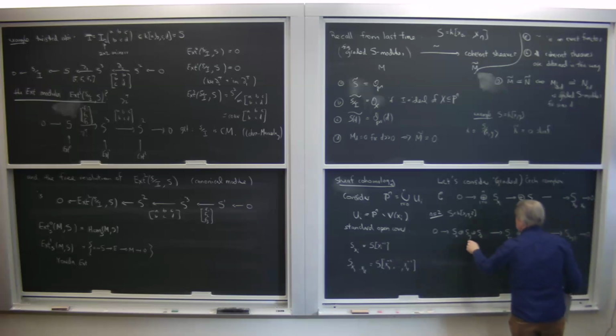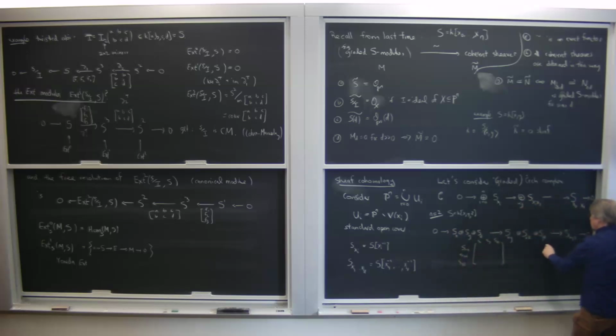Now, what are these maps? I'm going to think of this as a block 3 by 3 matrix that takes elements of Sx to any one of those things. So here are the elements of Sx, the elements of Sy, the elements of Sz, and they go to the elements of Sxy, Sxz, and Syz. And then same here, we're going to have 3 columns and 1 row, x, y, z, and then here is Sxy, etc. Just these 3 things there.